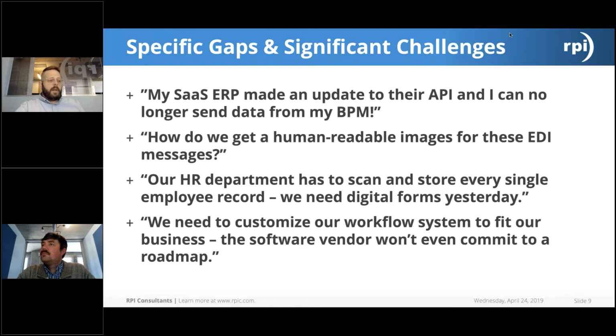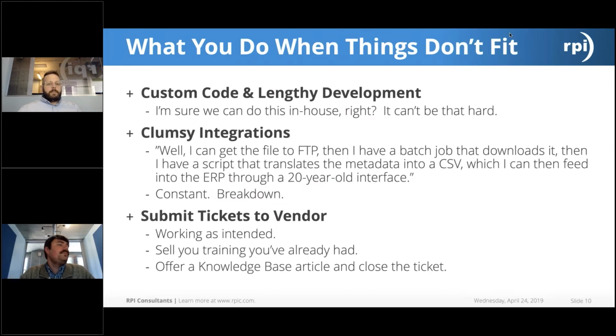They will generally advise ways to leverage their existing features and functionality, but you've probably tried that and it's probably not working for you, which is why you're making this request. So those are just a small handful of specific gaps and the challenges that they present that we hear all the time. So what do you do when you encounter those?